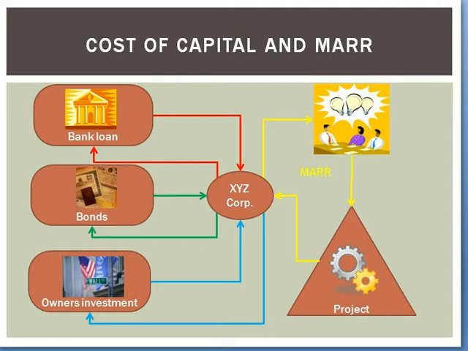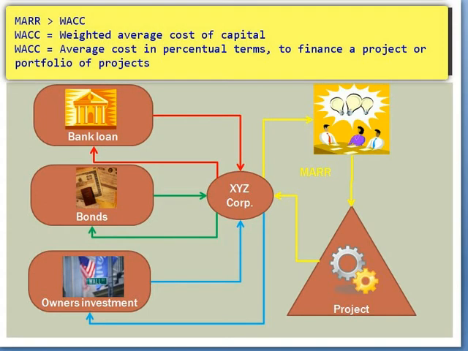Now, of course, the bank, the bondholders, and other investors who have shares, all of them will want a return on their own money. The minimum attractive rate of return should be calculated in such a way that the percentage that the company gets back from the project out of the initial investment should be enough to pay the investors, the bondholders, and the bank loan.